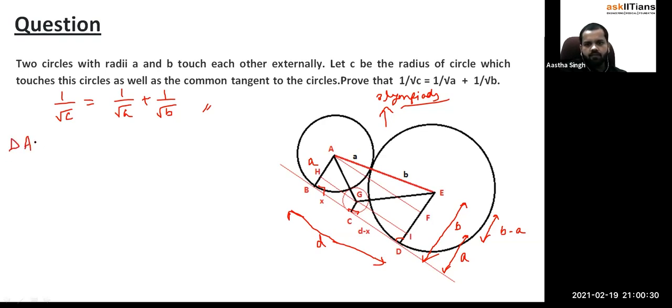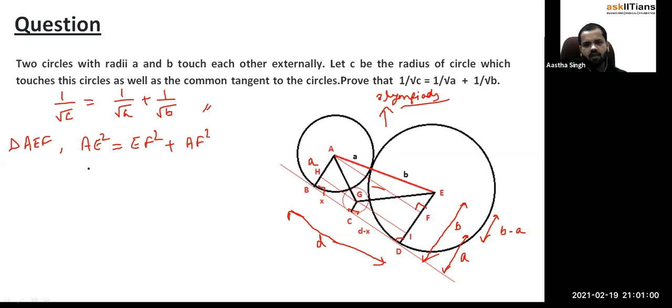In triangle AEF, right? This angle is basically 90 degrees because the lines are parallel. Angle D is 90, so angle F is 90, right? So opposite to 90 degrees is the hypotenuse. It means your AE square is equal to your EF square plus your AF square.